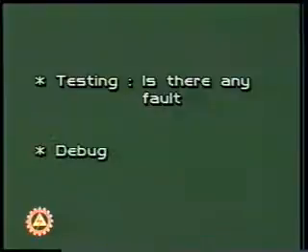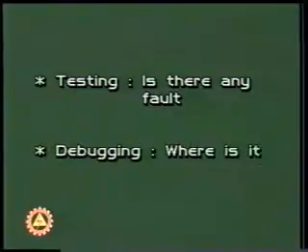Testing and debugging of the system is our next stage in our design methodology. Testing of the system helps in finding out whether the system has any errors. Debugging helps in locating these errors and eliminating them.